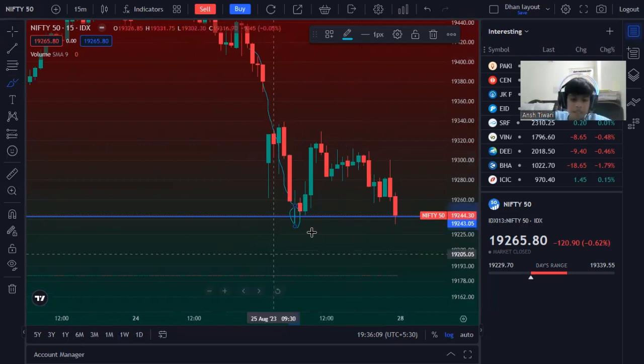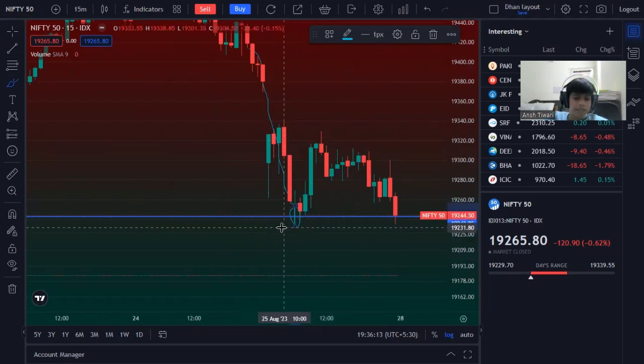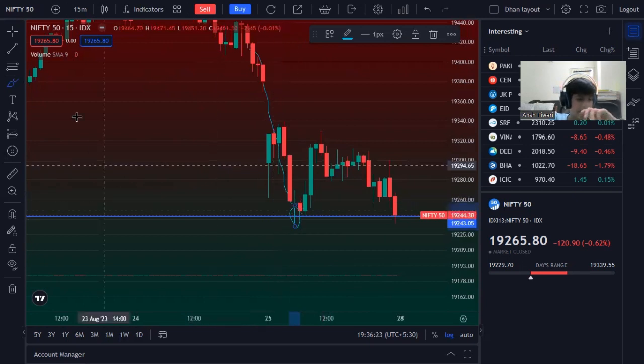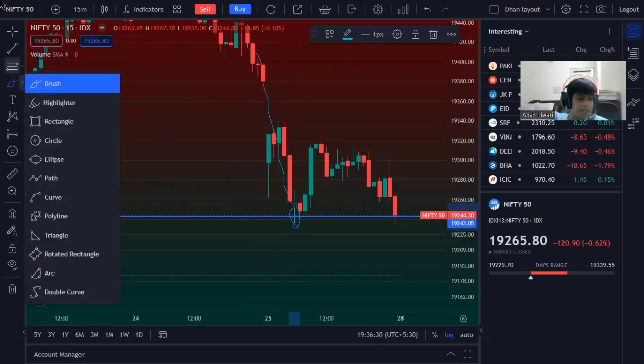Now that is a big downfall. But then after that, the bulls somehow controlled the bears and took the market upwards, from which the bears took control back. But if we look at the candle closely, then we can see, wait, let me erase that.